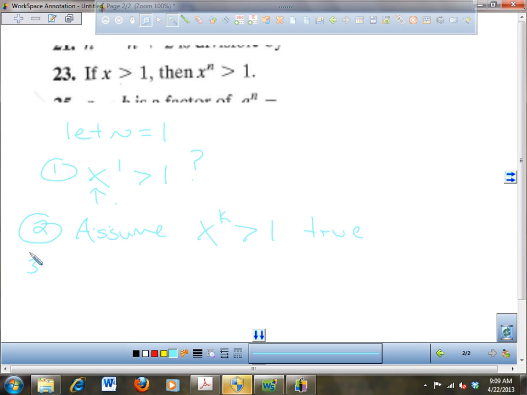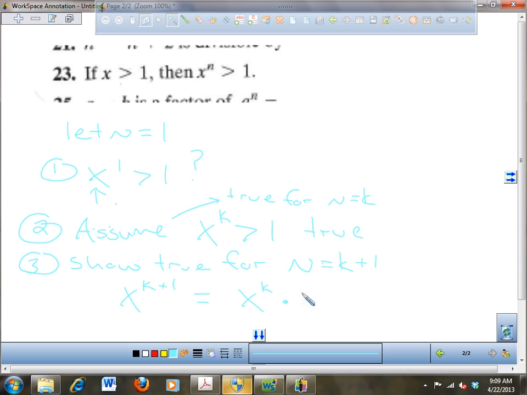And then in step 3, we show it's true for n equals k plus 1. Assume true for n equals k. Now I'm going to show that x to the k plus 1 has to be greater than 1. I could rewrite this as x to the k times x to the 1.